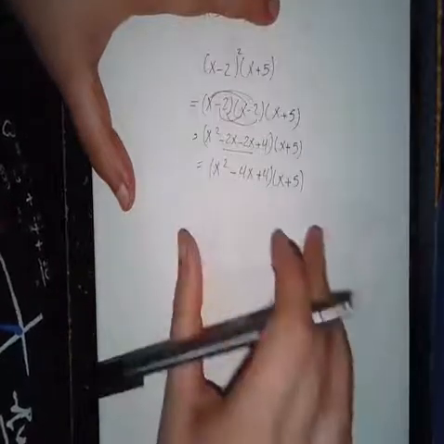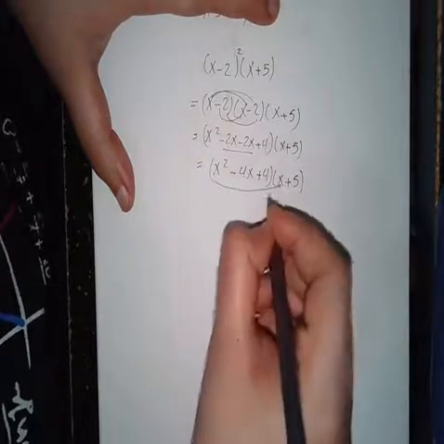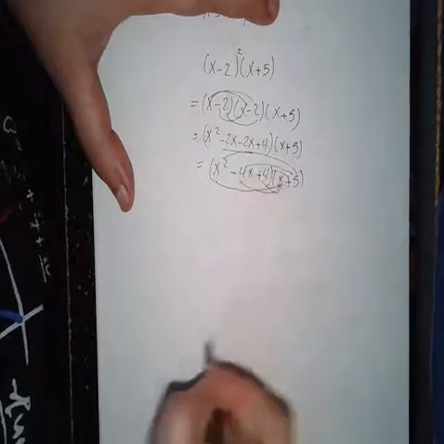Alright, now from here I'm multiplying this in. So again, x goes 1, 2, 3, and the 5 goes 1, 2, and 3.